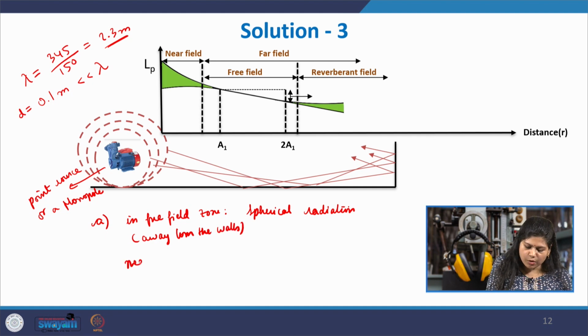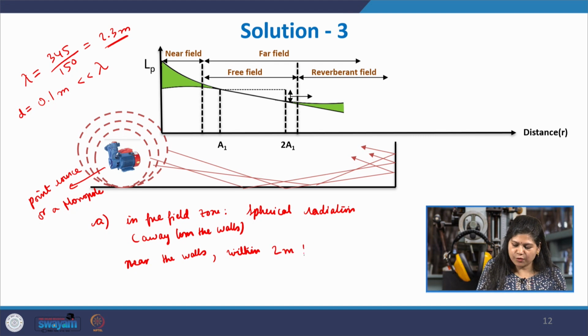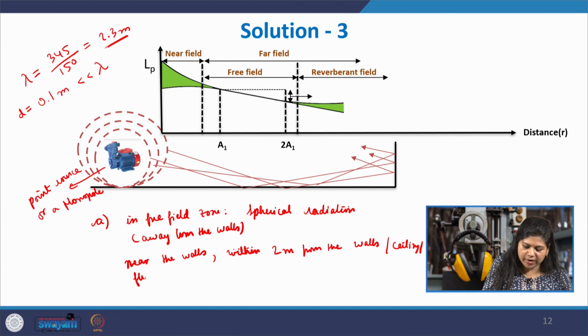Near the walls, when the distance is roughly the same magnitude as lambda, within 2 meters from the walls, ceiling and floor, all of them are reflectors, it becomes reverberant.